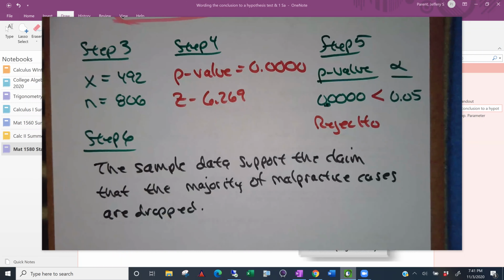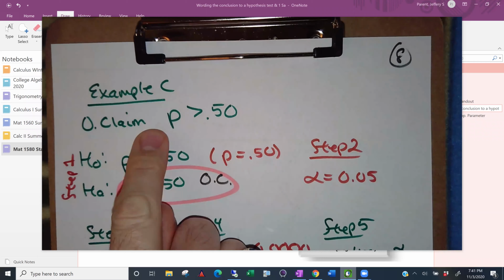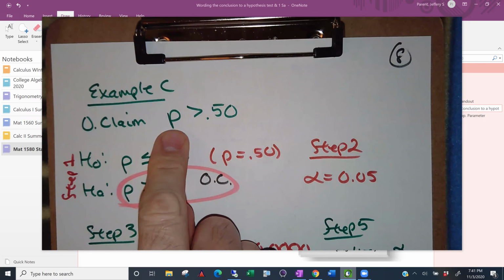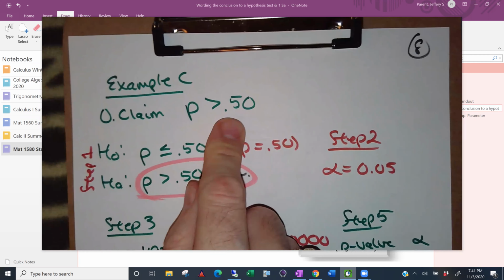Nice. Are these starting to become a little bit routine? You know how to work your way through these things? So for 6, how do you decide at the beginning of the flowchart if it's yes or no? Oh, that goes back to the original claim. The original claim in this one said test a claim that more than the majority of these cases are dismissed or dropped.